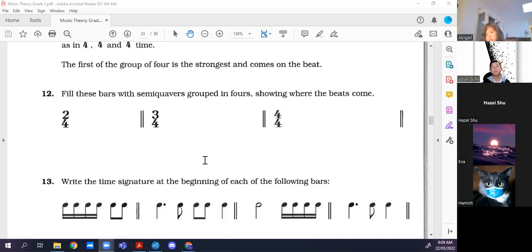Hazel, what would the length of a dotted semiquaver be? Yeah, like as Hamish says, about 3/4 of 1 beat. You could express that as 3/16 of a semibreve.